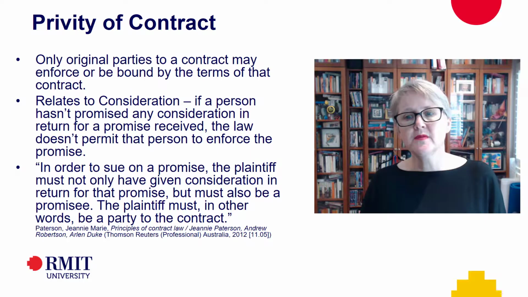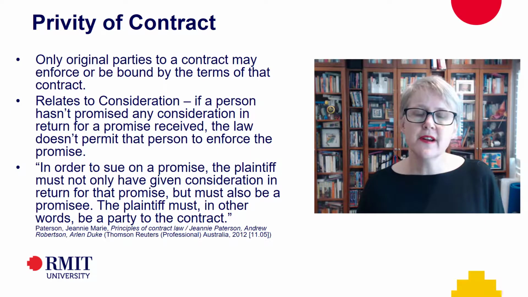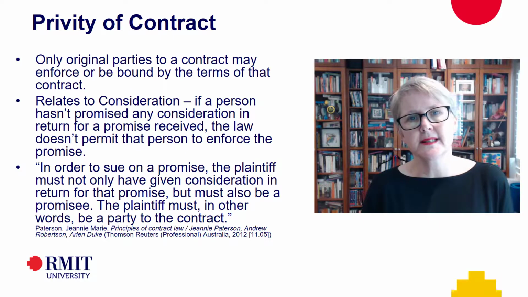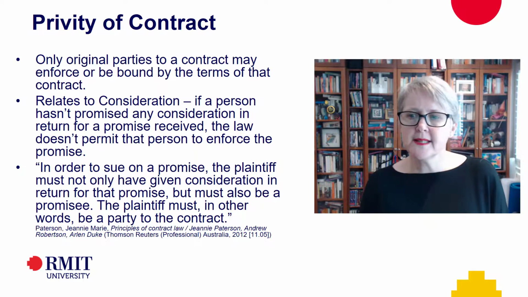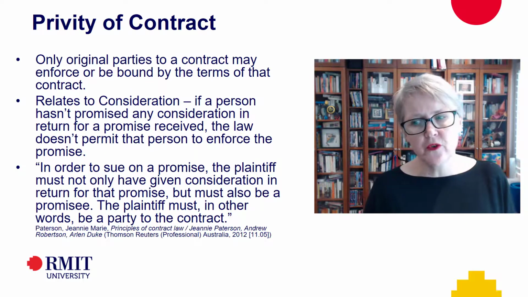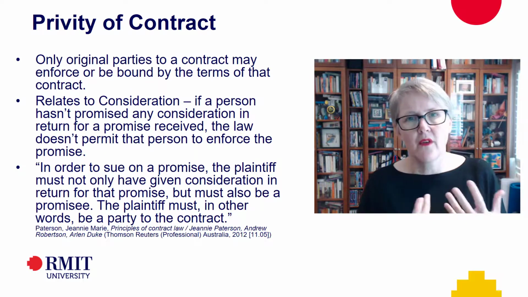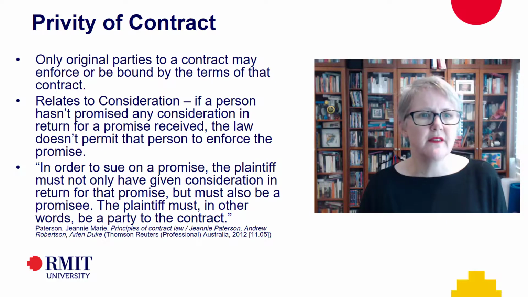The rule of privity is related to the rule that consideration needs to move from the promisee. This is part of what we discussed in consideration as part of topic 3. Basically, if you haven't promised any consideration in return for the promise that you're receiving, then the law won't permit you to enforce that promise.